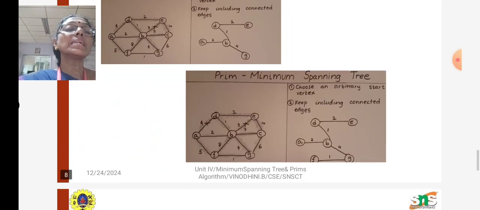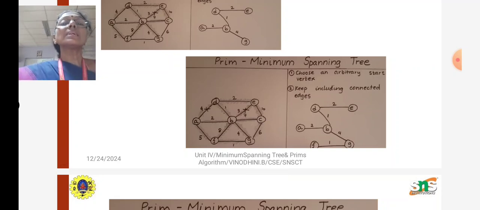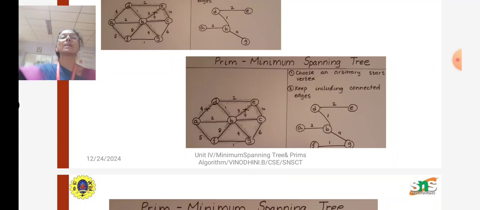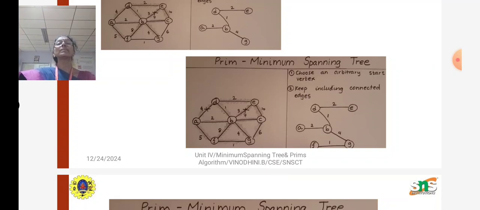After that, from G the adjacent vertices are F and C. Of F and C, which one is the minimum? F. So go to vertex F and add it to the tree, and while visiting we should not form a cycle.